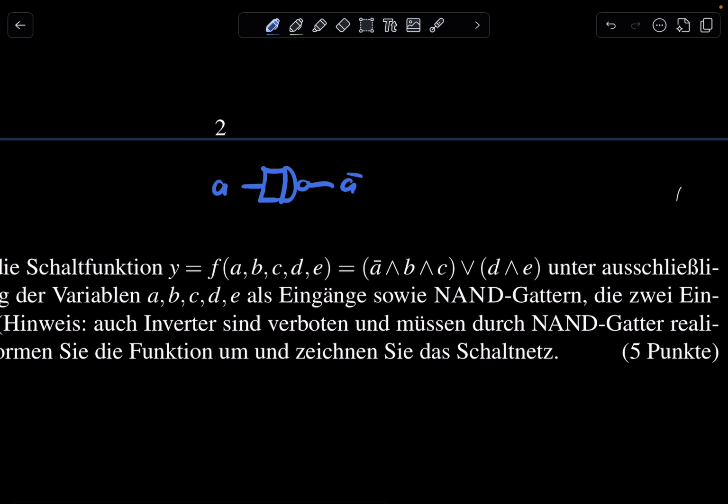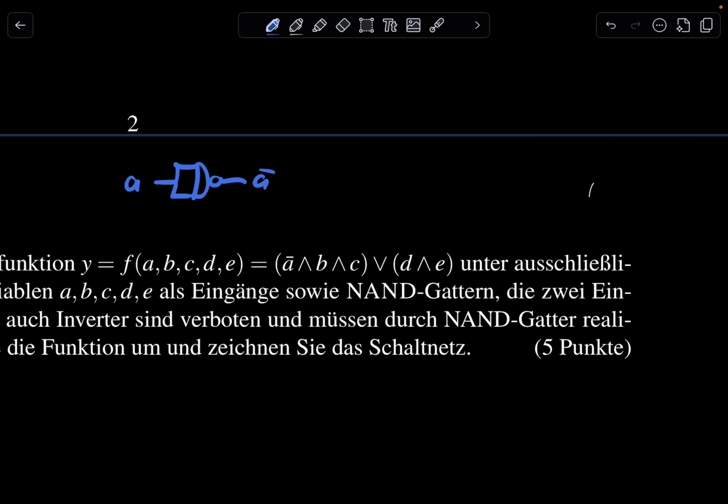Whenever you have to do a proper AND, if you want to do A and B, for example, there's going to be a NAND, and then you have to negate it again by itself. So you get A and B. So that's another one.